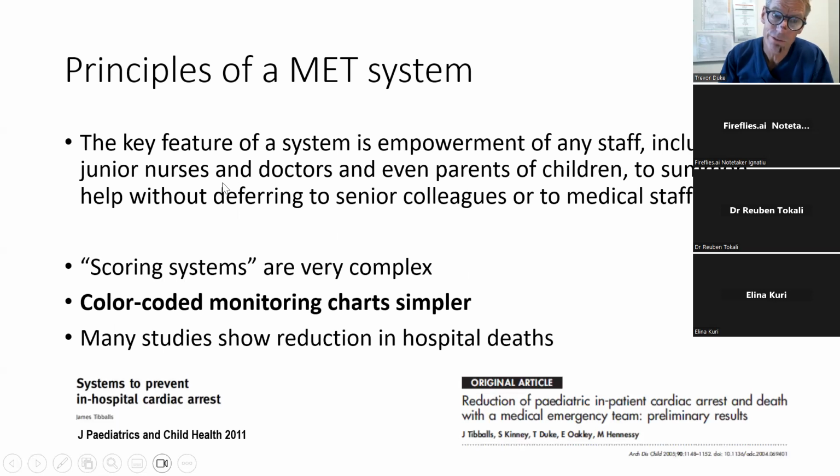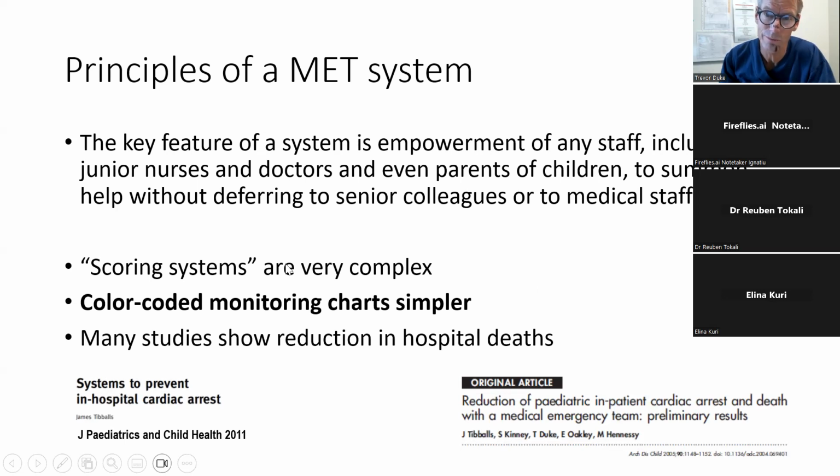As I say, the key feature of any system is empowerment of staff, so that junior medical staff and junior nurses feel that they can call their senior colleagues to get some support. There are many studies showing this improves outcomes, and most of them have been based around color-coded monitoring charts that are really simple to use.